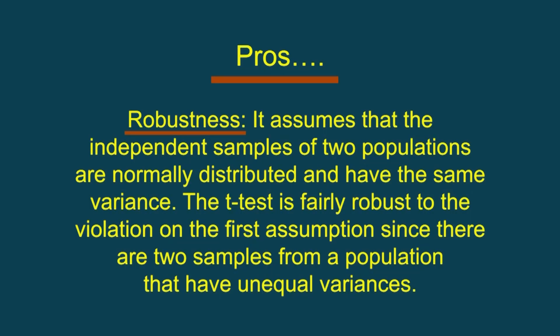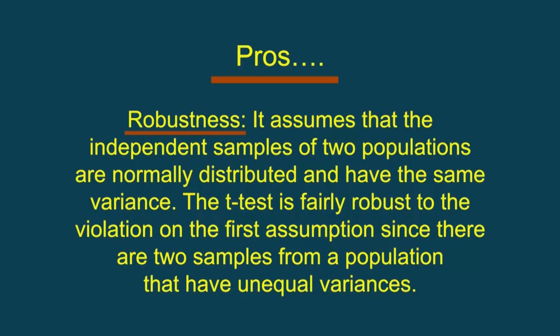Robustness. It assumes that the independent samples of two populations are normally distributed and have the same variance. This is one very important assumption in the t-test that we take care of. That is, we assume that the two population variances are same. The t-test is fairly robust to the violation of the first assumption, that is, the violation of the normally distributed population assumption, since there are two samples from a population that have unequal variances.